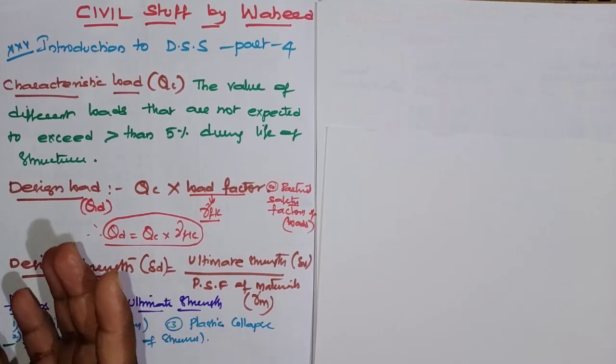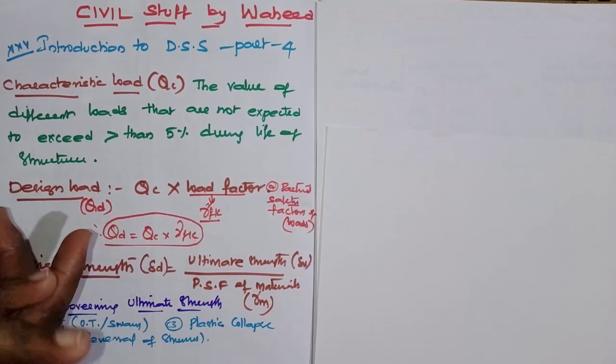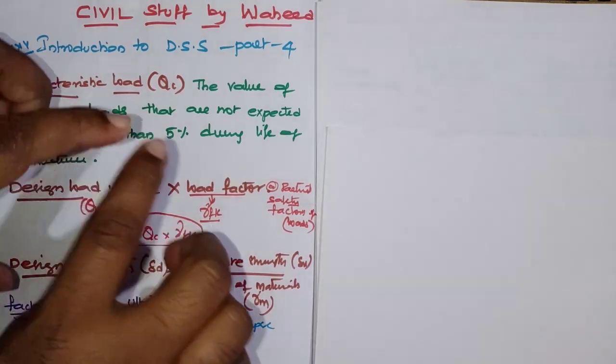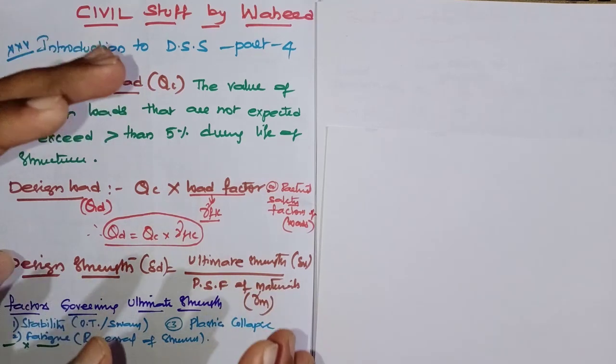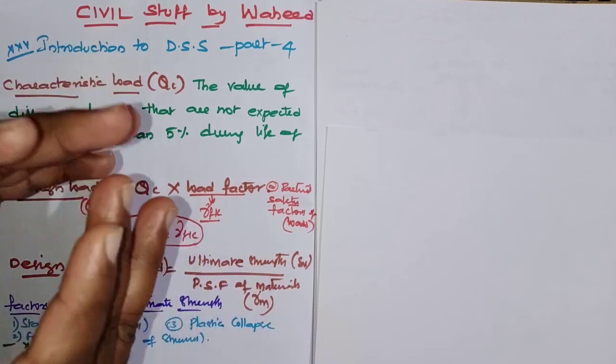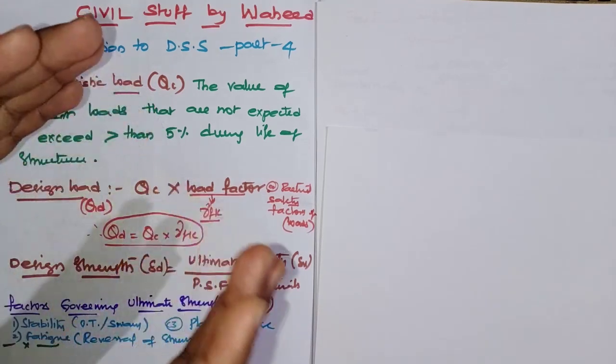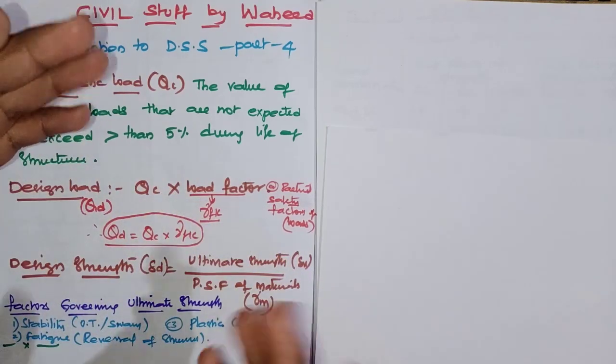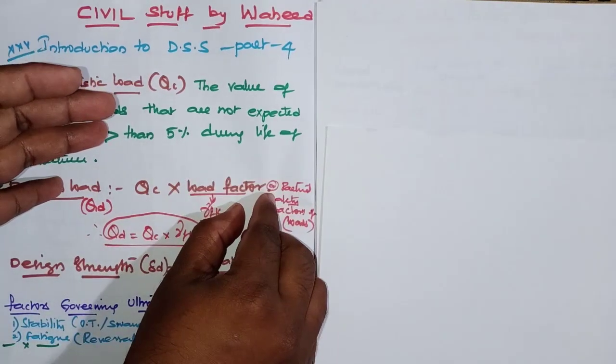And fatigue, what do you mean by fatigue? It is nothing but a reversal of stresses that may happen. For example, if I take a bridge, if it is a single span bridge, it will be resting on abutments directly. If it is having 2 or 3 vent ways, in between you will be having the piers.